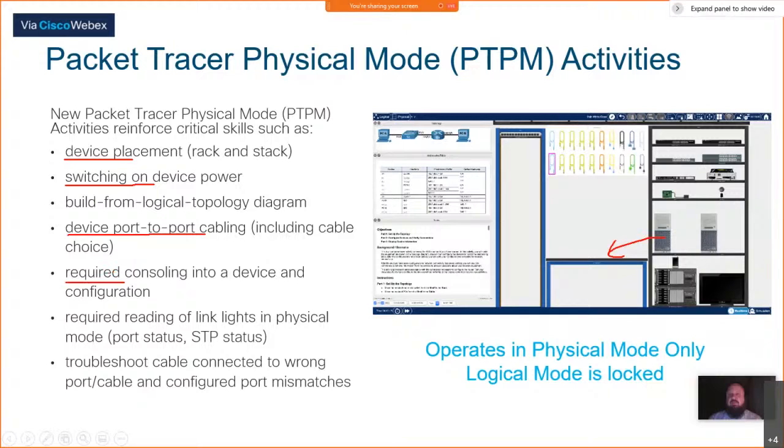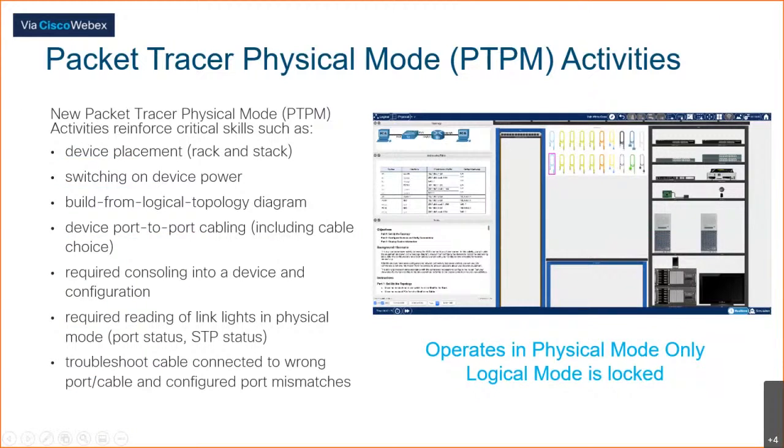It is required to console into a device using a cable and then do configuration. It is also required to read link lights in physical mode, like port status and STP status, and troubleshoot a cable connected to the wrong port or wrong cable used, and some configured port mismatches. This operates in physical mode only, no logical mode available.